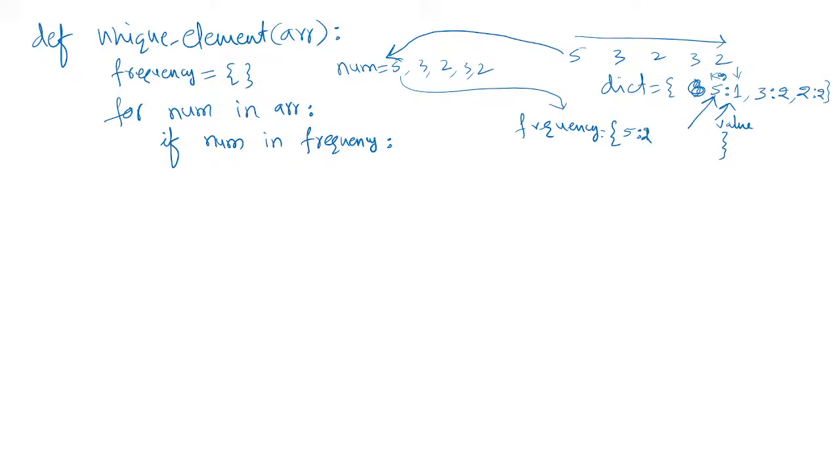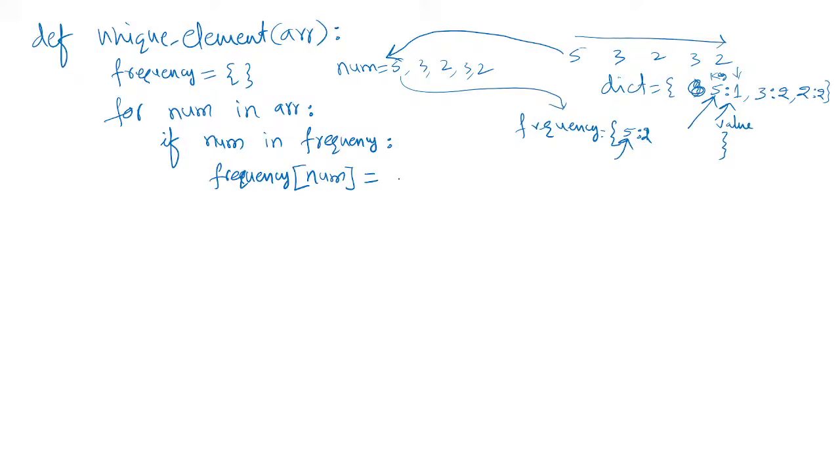If it is already present, then I can access this key from the dictionary as frequency of num. So I am incrementing the frequency of num, frequency of 5.